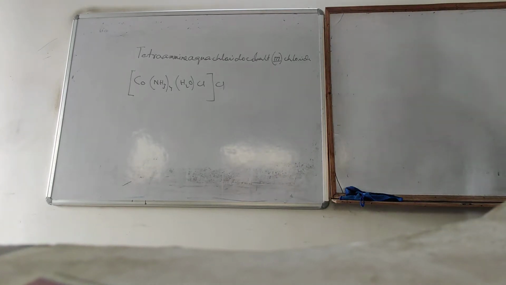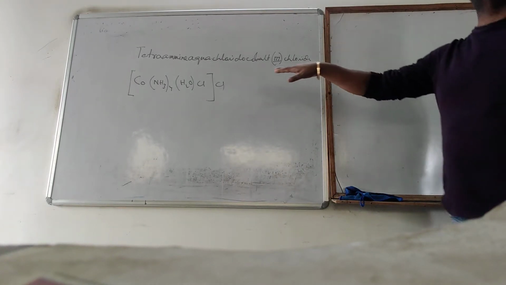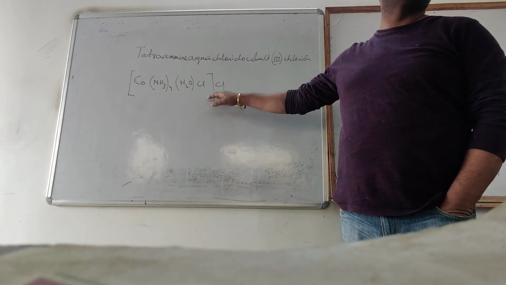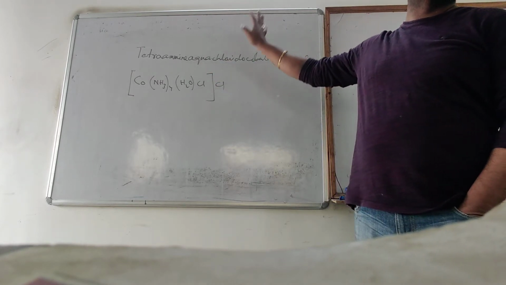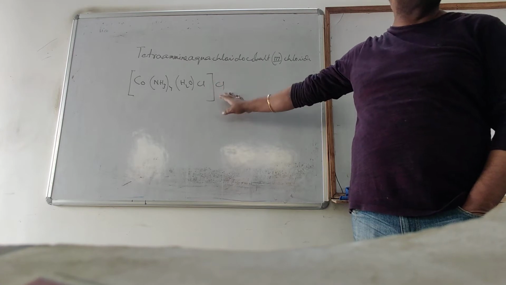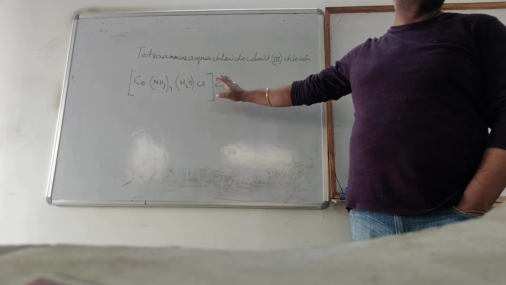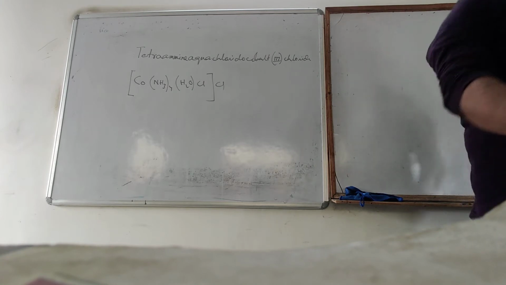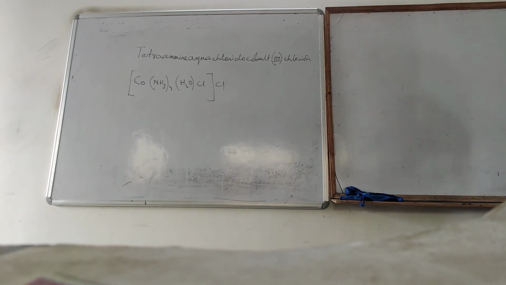From the name itself, you said that this is the formula. Okay, fine. Now write down the name of this formula. Forget about the name that is given. You just know the rules, and this compound is given. Write down the name of this compound.